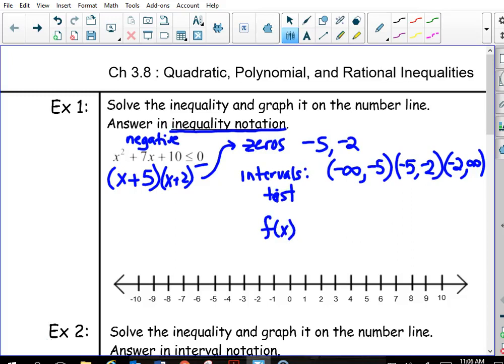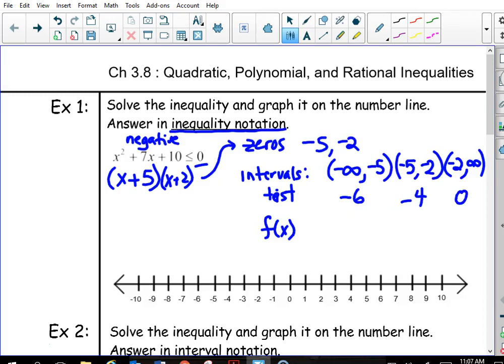So a number between -infinity and -5, let's just pick -6. I find it's good around infinities to pick a number that's close, because then you can figure out if you have a factoring error. Between -5 and -2, let's say -3 or -4, both will do. And between -2 and infinity, I'm going to pick an easy to calculate number, 0.